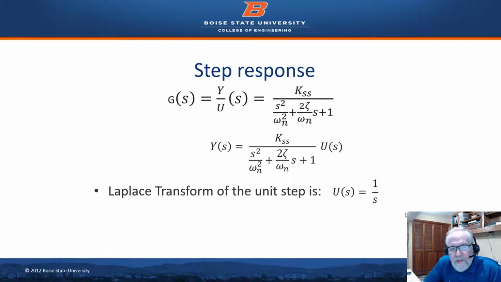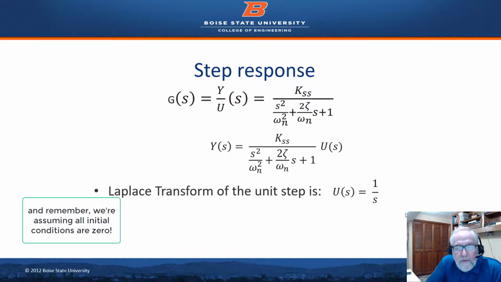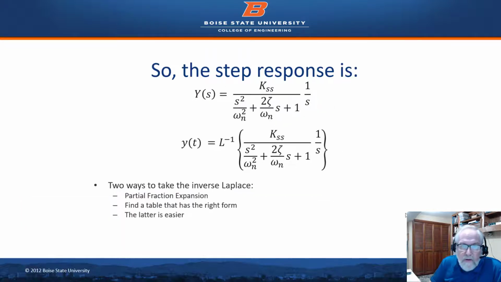So here's the transfer function, and we hit it with a step input. We bring that input u over to the right hand side. So the Laplace transform of y, our output, is equal to the transfer function times the Laplace transform of the input u. If u is the unit step, which is what we're looking for, then U of s is equal to 1 over s. So the Laplace transform of the step response looks like this.